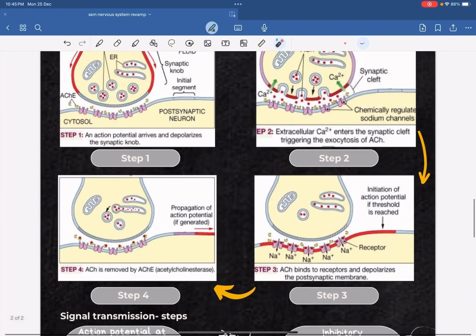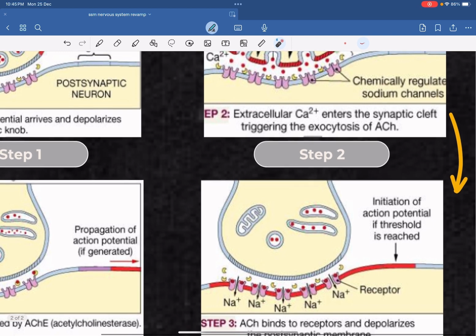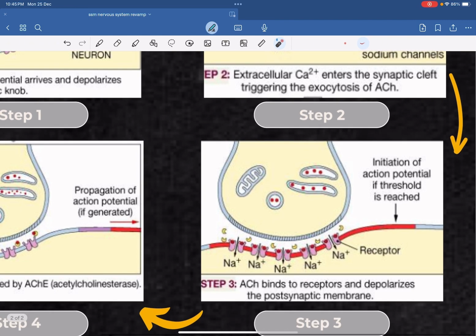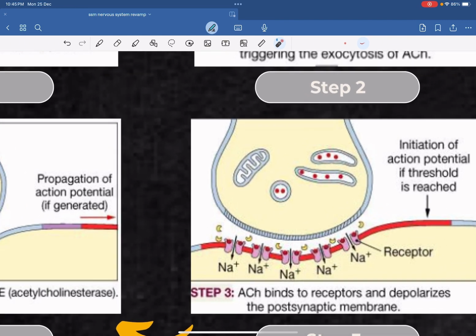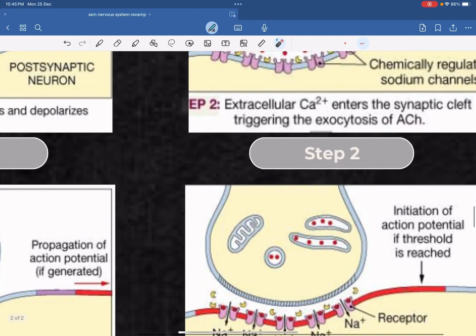Next, in this picture, we can see that the acetylcholine has already bound to the receptor here. To be specific, this is the nicotinic receptor. It will bind with the nicotinic receptor and open the gate here. The first gate is closed, right?